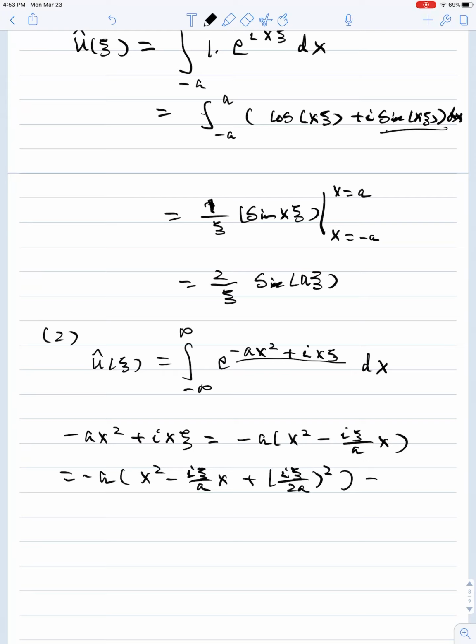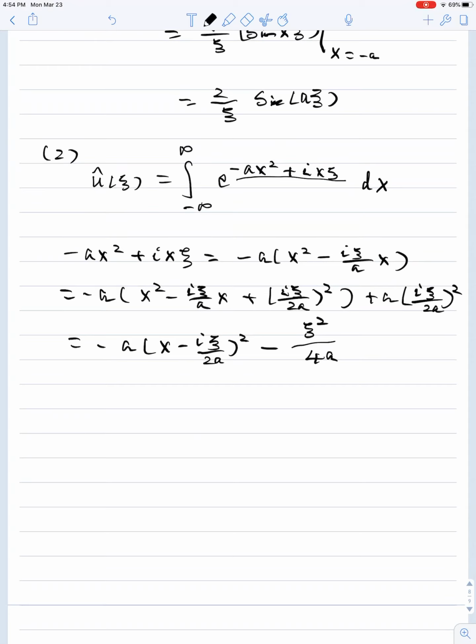So this is negative a times x minus i xi over 2a, squared. i squared is negative 1, and the a squared cancels out, so I get 4a in the denominator and xi squared in the numerator.